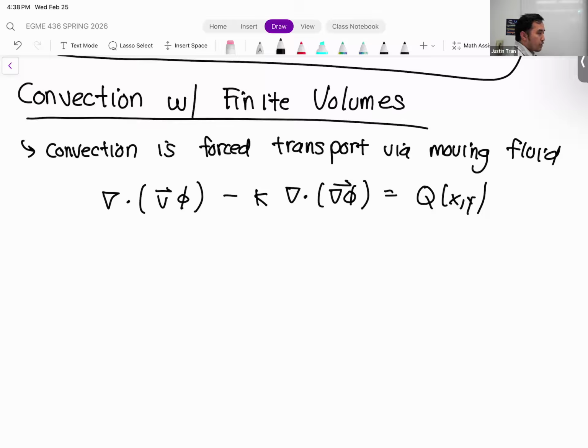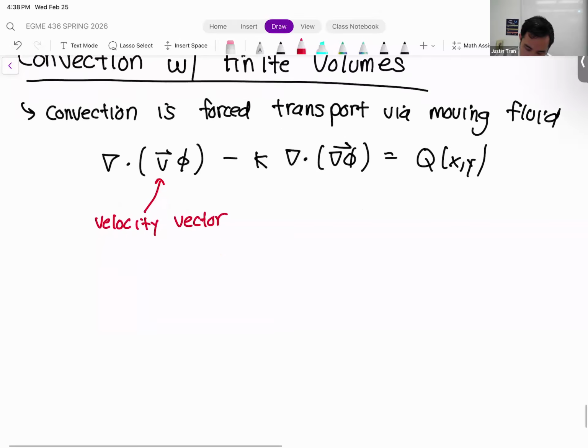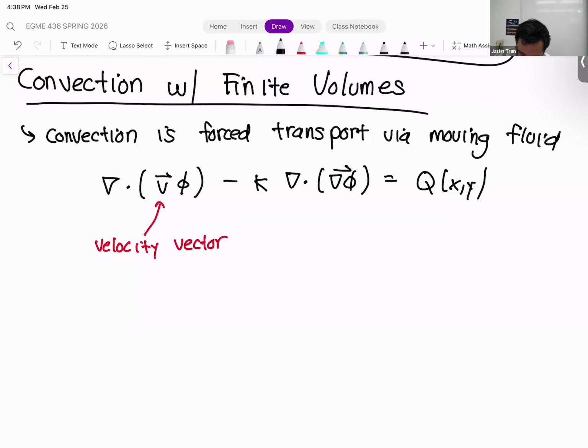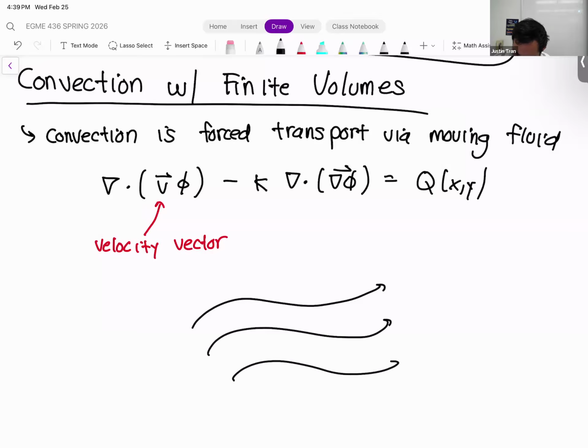This is our convection diffusion equation in multiple dimensions in vector form, where the most important part is this v. This is our velocity field, or velocity vector. Because remember, with convection, we have a situation like this, where we have some moving fluid, where the velocity streamlines are essentially our fluid velocity, our convection velocity.